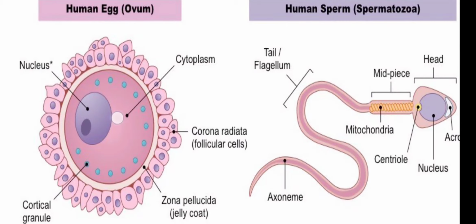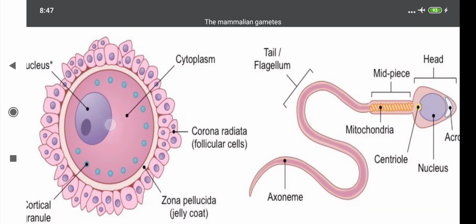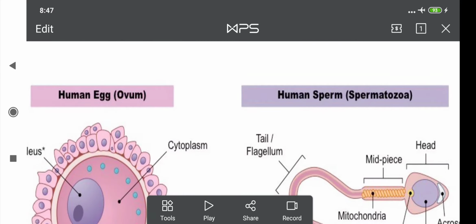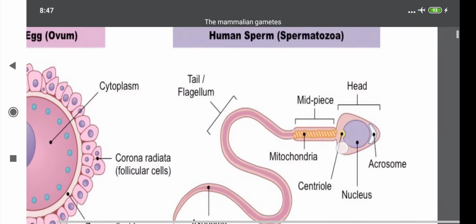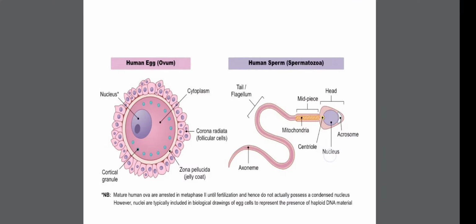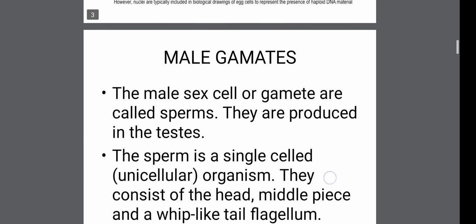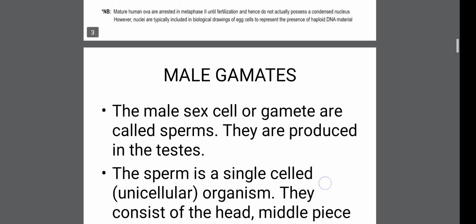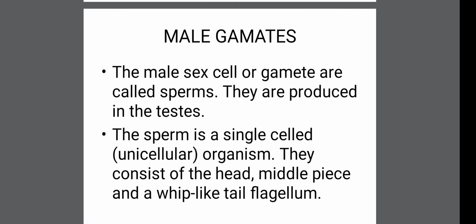The female gamete is also known as egg or ovum. The male gamete is known as the spermatozoa. The male sex cells, or gametes, are called sperm. They are produced in the testes. The sperm is a single-celled organism.